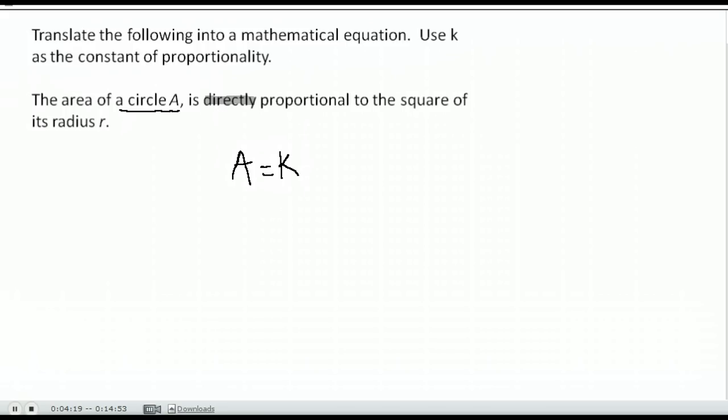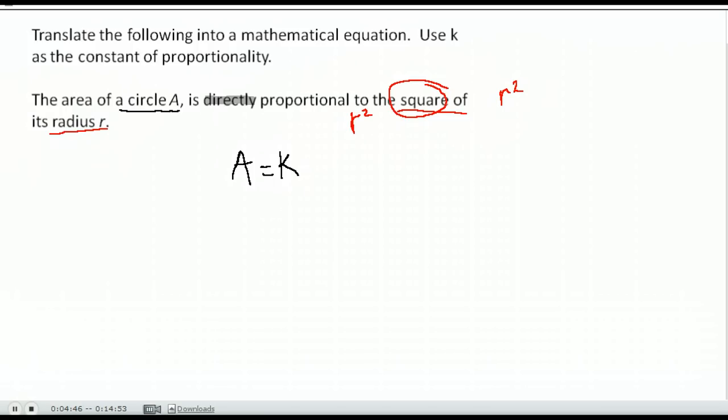That something that they instruct me on is the square of the radius R. So remember, square means squared. The square of the radius would be written R squared. Okay, so we can kind of cut this end part out, and it's the circle area A is directly proportional to R squared.